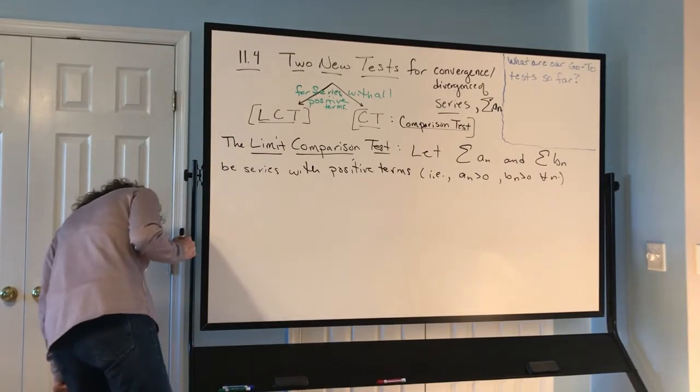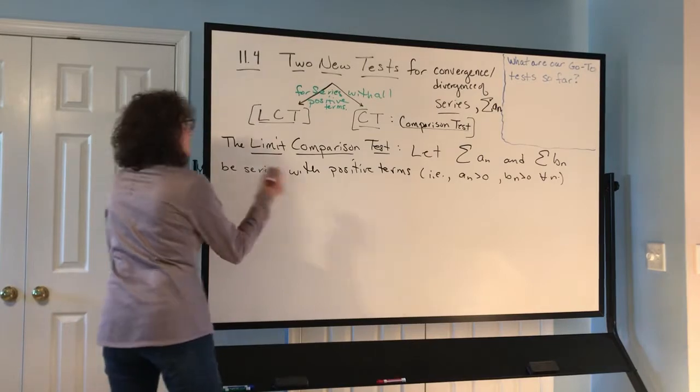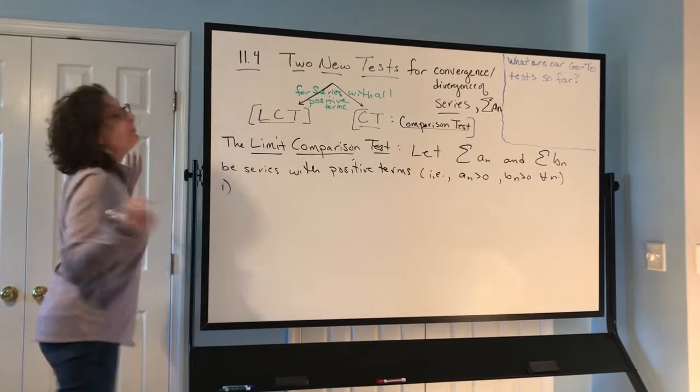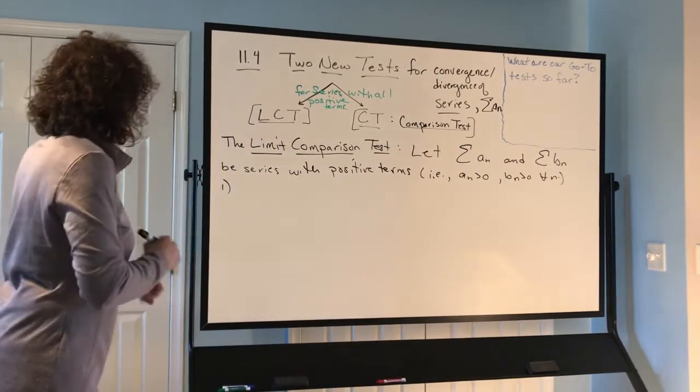All right, so let's see. We're going to say that there are 3 pieces to the limit comparison test, okay?